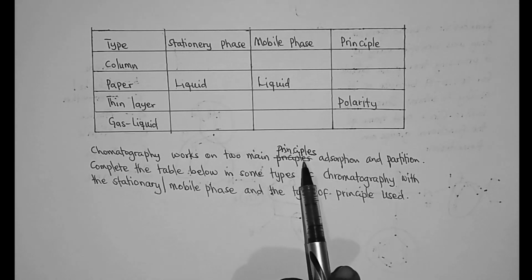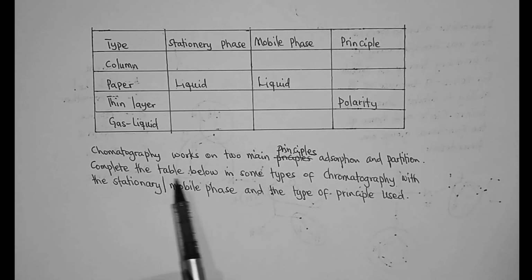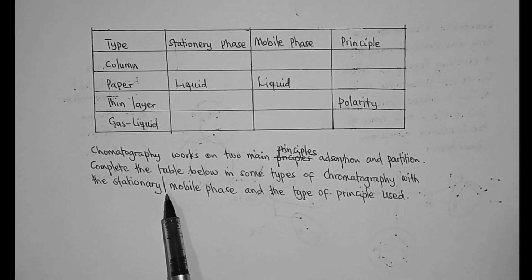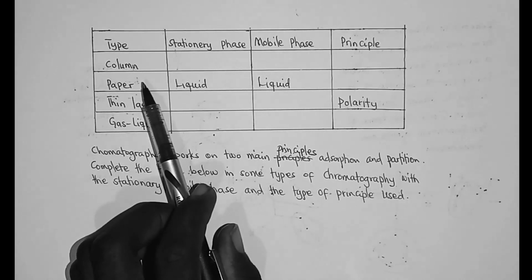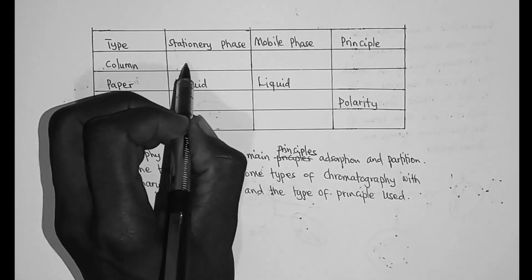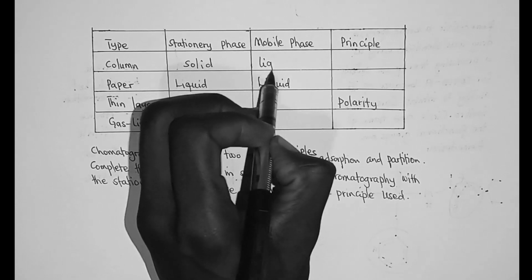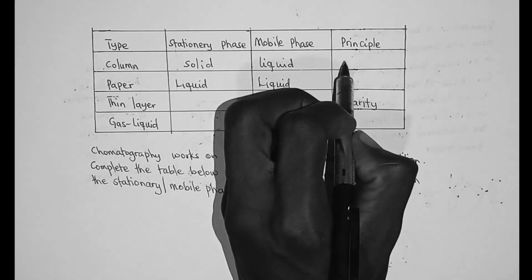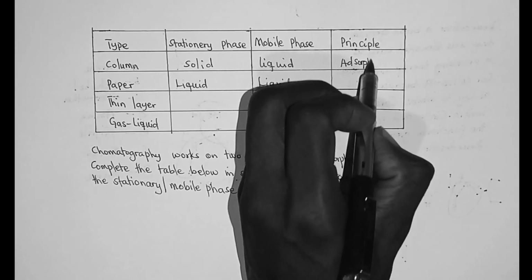Chromatography works on two main principles: absorption and partition. Complete the table below on some types of chromatography with the stationary phase, mobile phase, and type of principle used. So when you come here, column chromatography, the stationary phase of a column chromatography is solid. And then the mobile phase is liquid. The principle used is the absorption principle. Absorption.